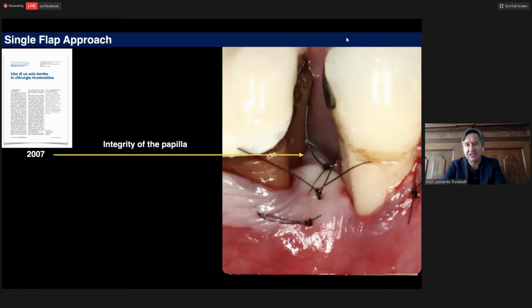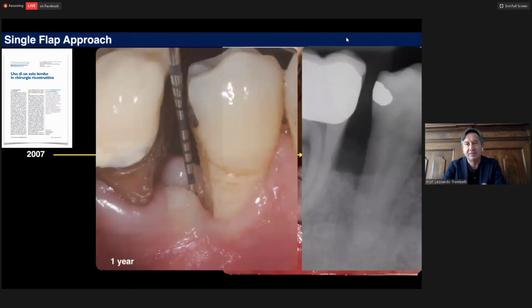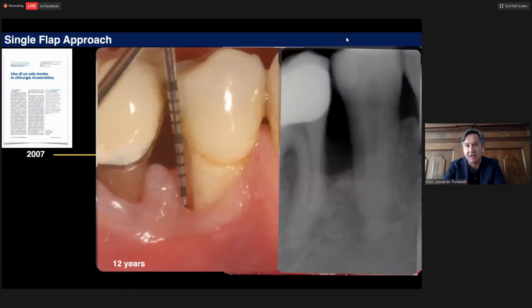As you can see here, we get this healing condition at 1 year with a clinical attachment level gain of about 5 millimeters, combined with pocket closure and remineralization of the defect that can be maintained over time. Here you see the 12-year results.